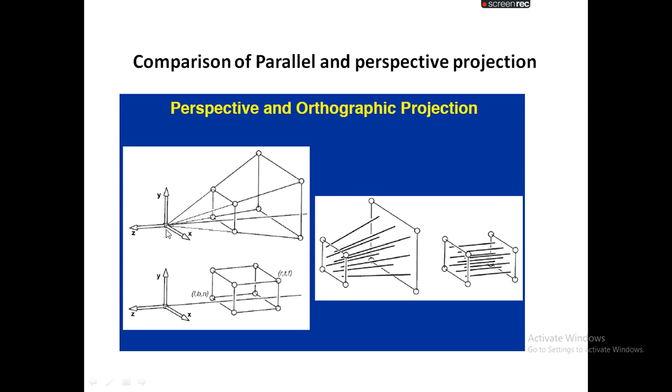Here XYZ is our camera. We located the synthetic camera here, and this is our projection plane. If you see these projection lines, initially here we are standing, and the structure of the perspective projection is like this.